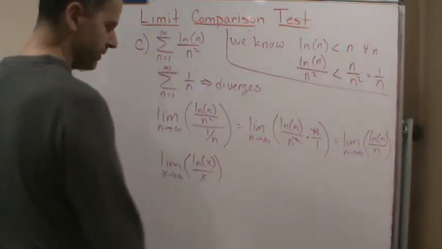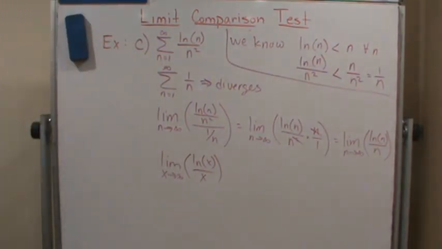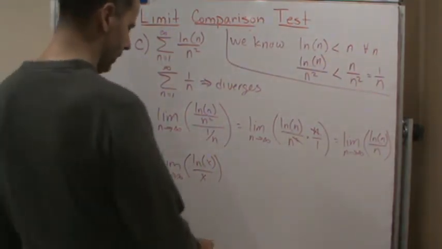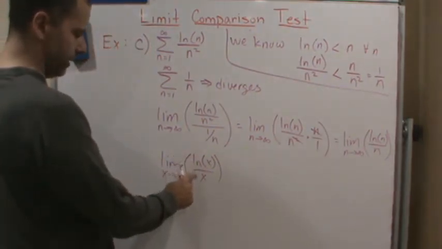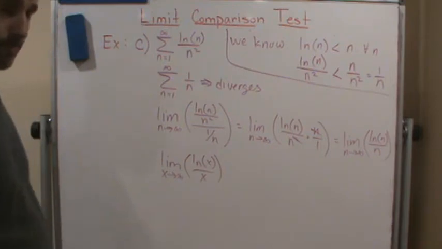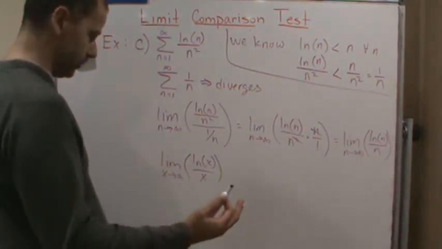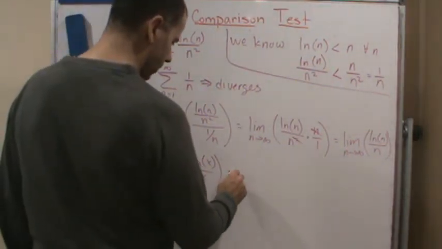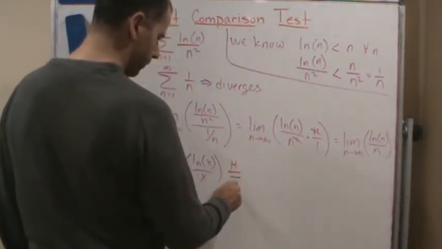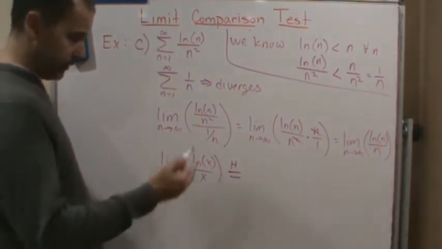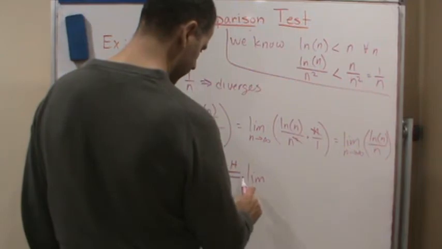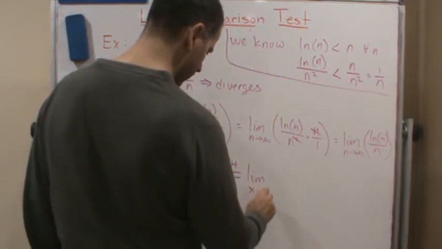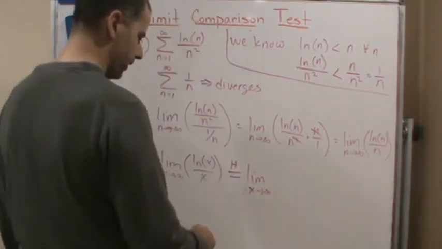And so this is a continuous function, right? So we know that as this goes to infinity, what do we get? We get infinity over infinity. So that gives us one of those indeterminate forms. So then we could use L'Hopital's rule. So by L'Hopital's rule, we take the derivative of the top and the bottom. So we take the limit as x approaches infinity of the derivative of the top.